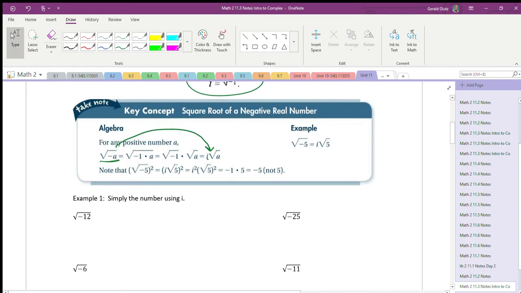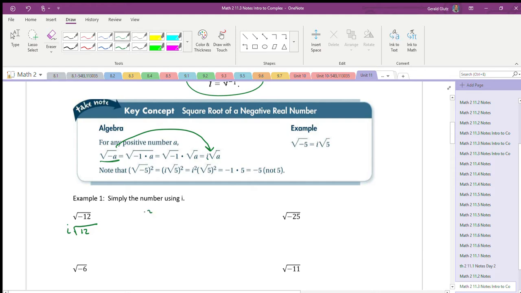In example 1, if I'm trying to simplify the square root of -12 and I want to get rid of this negative, I need to multiply the square root times i, and then the negative goes away because i equals the square root of -1. Now that I have the square root of 12, I can simplify that.